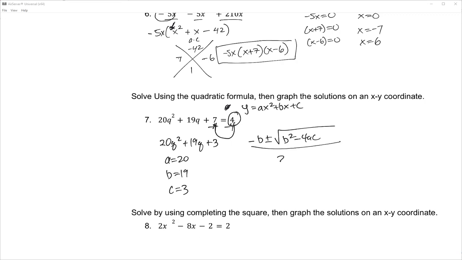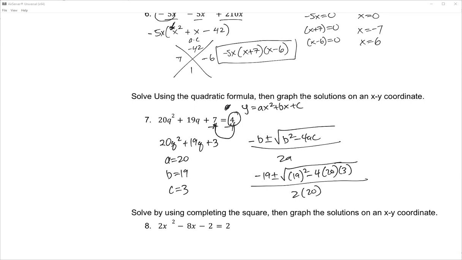So it's -19 plus or minus the square root of 19 squared minus 4 times 20 times 3 all over 2 times 20. So you see what I'm doing there? I'm just plugging numbers into the quadratic formula.